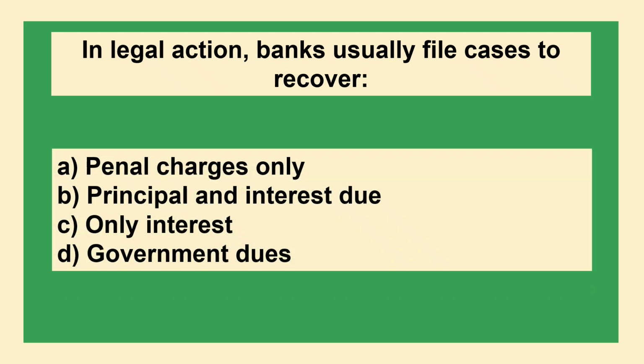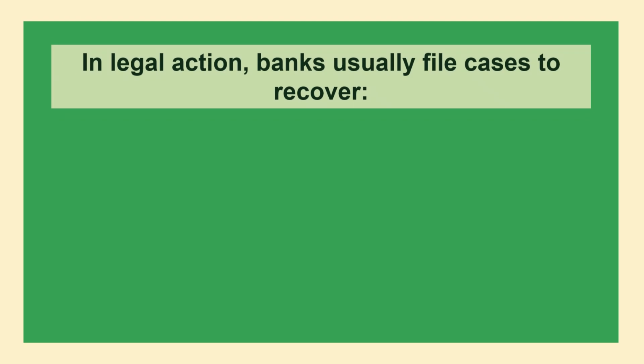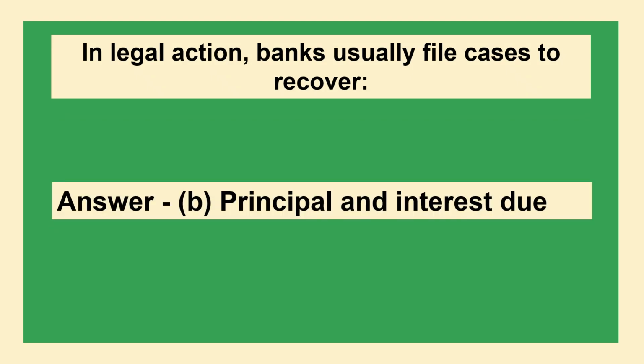In legal action, banks usually file cases to recover option A, penal charges only, option B, principal and interest due, option C, only interest, option D, government dues. The answer is option B, principal and interest due.